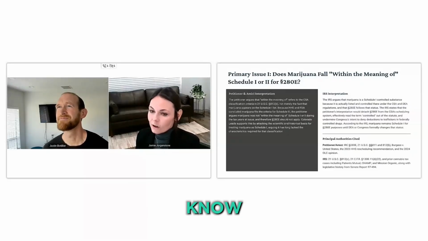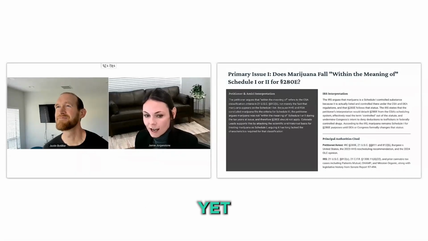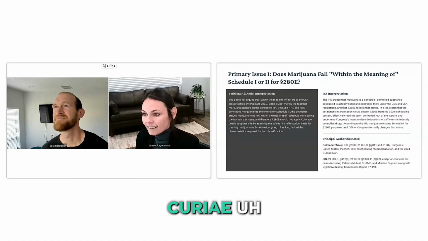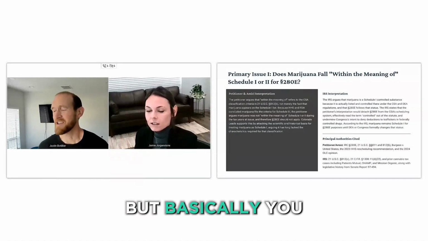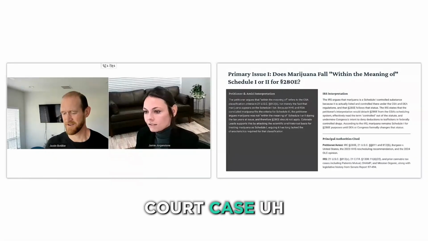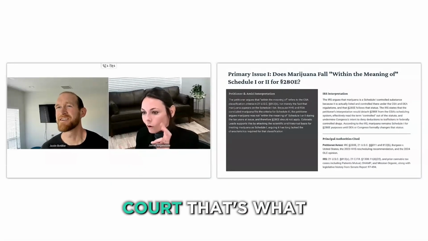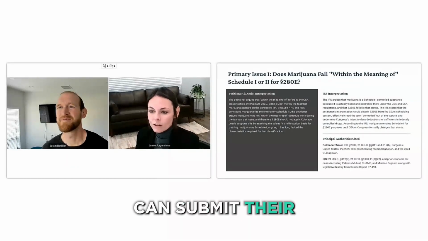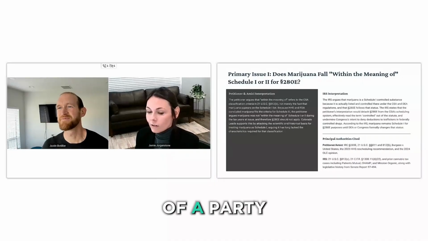And then the petitioner, and we haven't touched on it yet, but I guess we should, Justin, the amicus curiae briefs. We have a slide on it, but basically, when there's a court case, friends of the court, which is what that term stands for, can submit their own briefs in support of a party in the case.